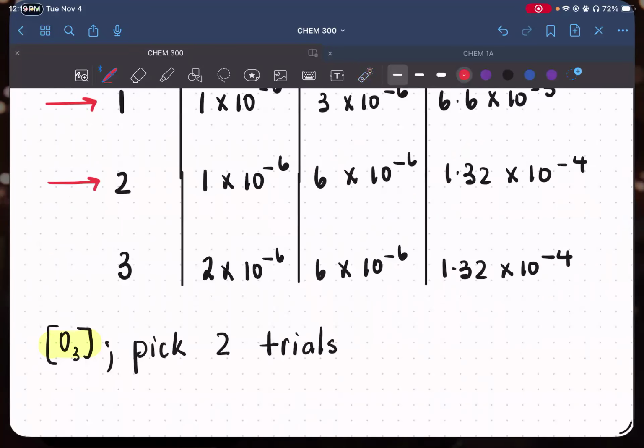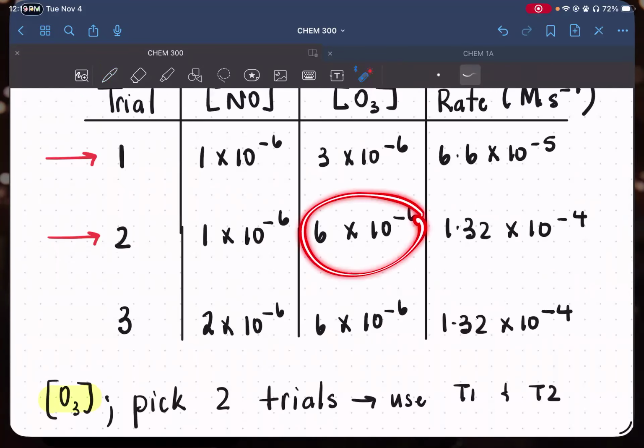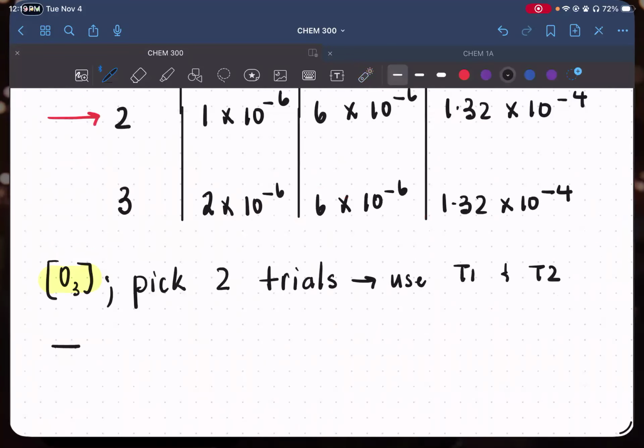We'll actually be using trial 1 and trial 2. We're going to put the bigger number on top. That's what tells us trial 2 on top over trial 1.